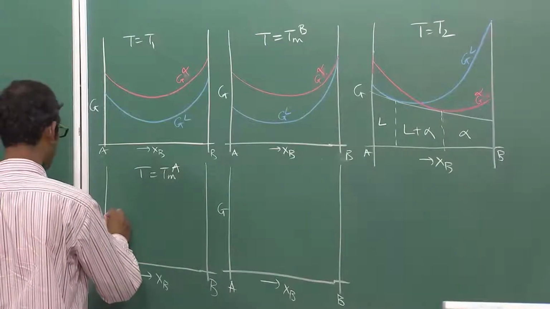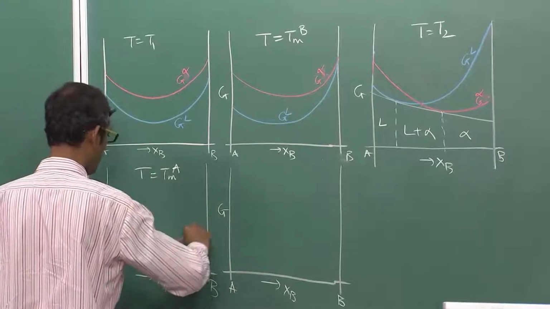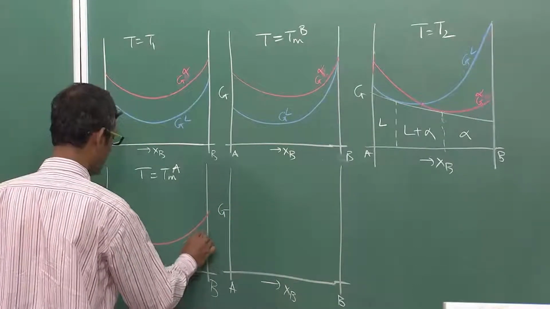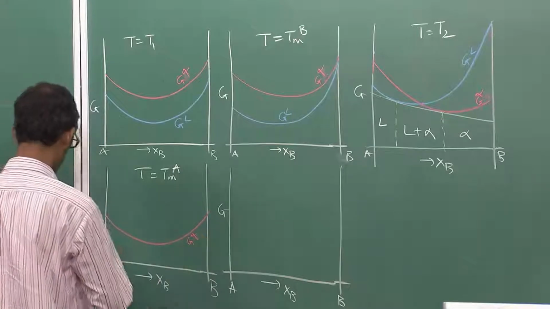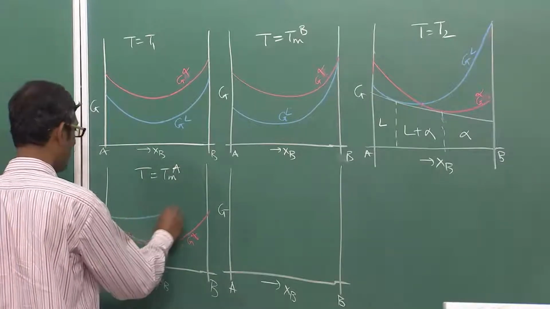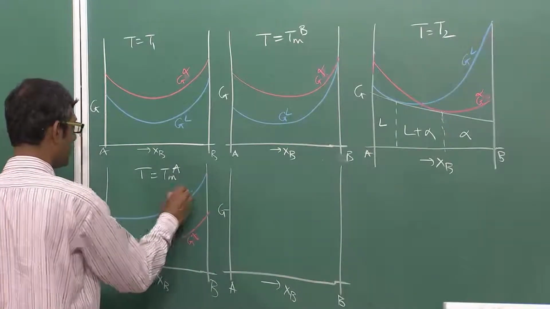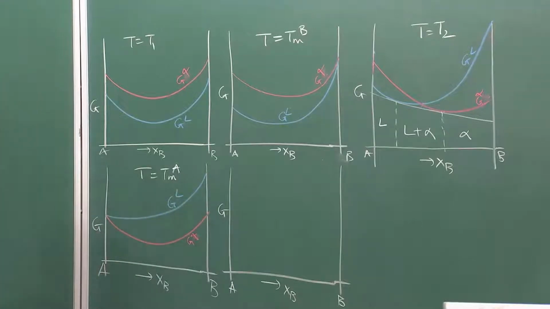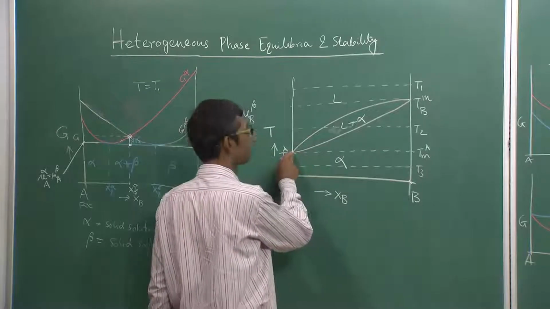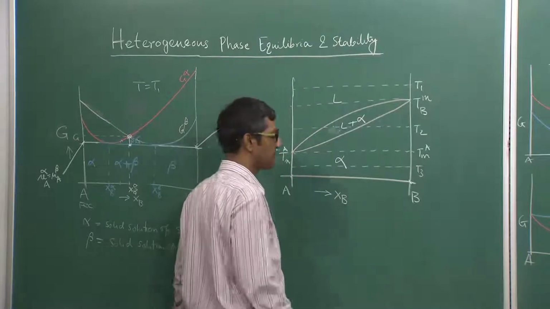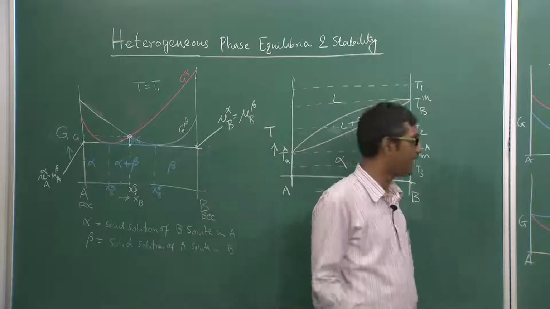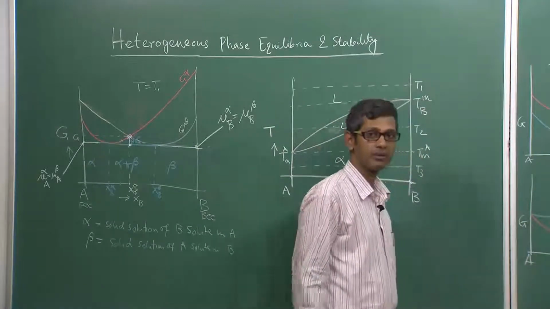Therefore alpha is stable, alpha will always be at lower positions, and liquid will always be at higher positions. Only at this point they are meeting, because at this point, A point, these two are meeting, so that means both solid and liquid are stable. That means at the melting point of A both the solid and liquid will be stable, that is obvious.